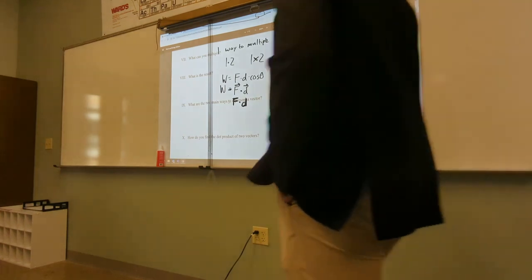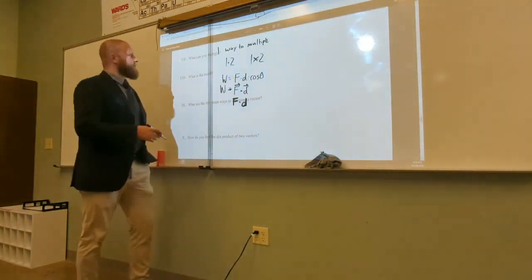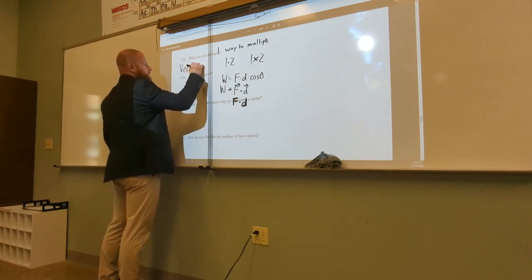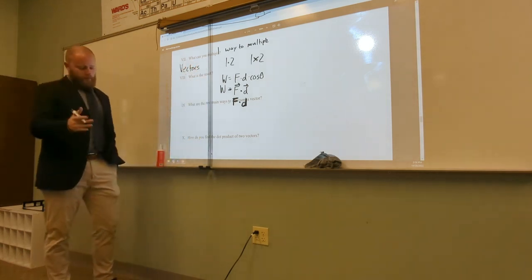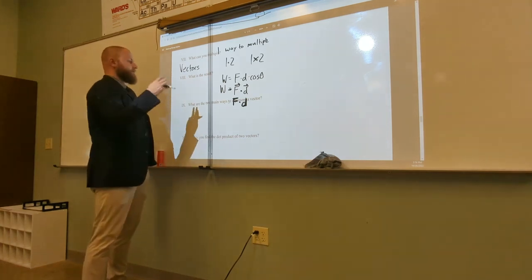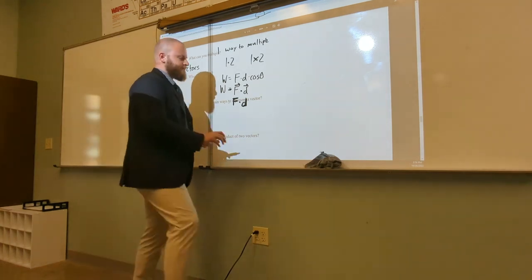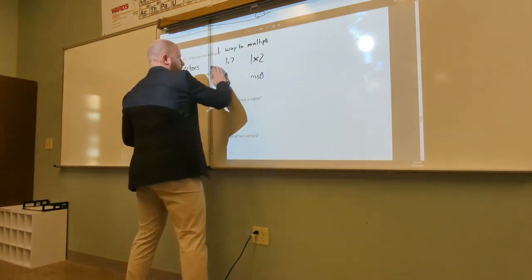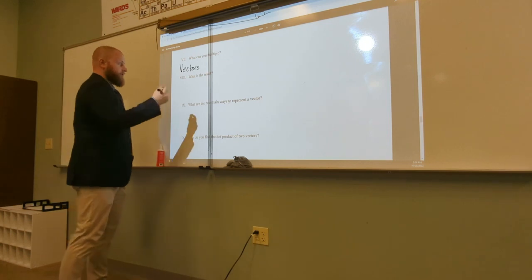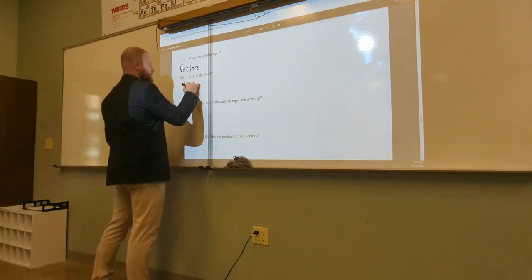As we already talked about, the things you can multiply have to be vectors. So we're starting with two different vectors, not a vector and a scalar or two scalars, specifically two vectors. And then the result is going to be a scalar.